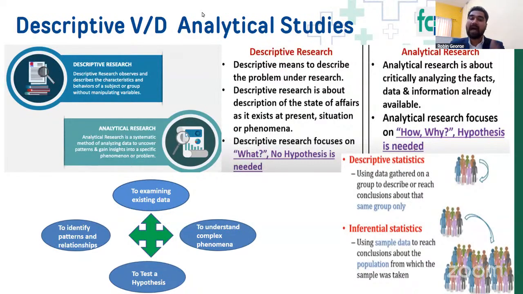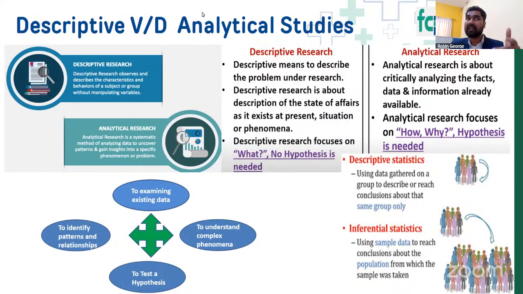Whereas for the analytical research design, you can see downside, in that green color, 4 points are there. The analytical study designs examine the existing data. What is the existing data? Out of 1 lakh, 20,000 people are obese, and out of them 15,000 are diabetic. Then we identify some pattern of relationship.